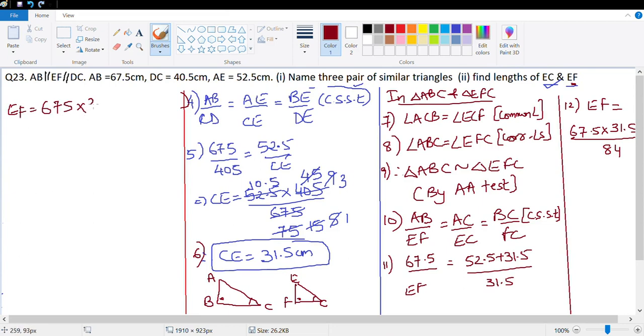So EF is equal to 675 into 315 upon 84 into 100. I took the decimals up. So this is divisible by 7. 7 1 7, 7 4s are 28, 35. This is divisible by 7. 7 4s are 28, that's 35. So 7 5s are 35.